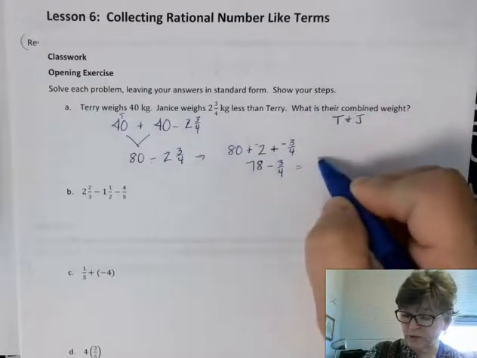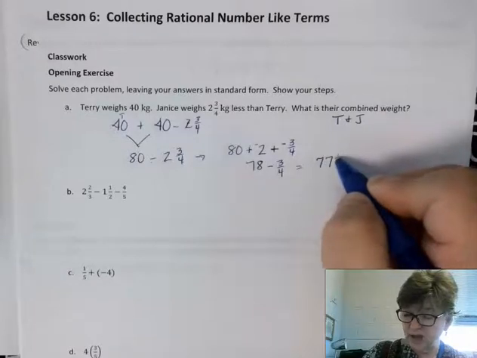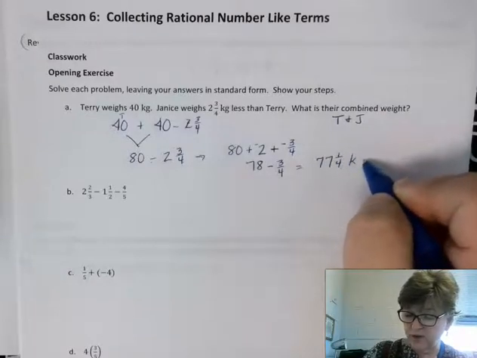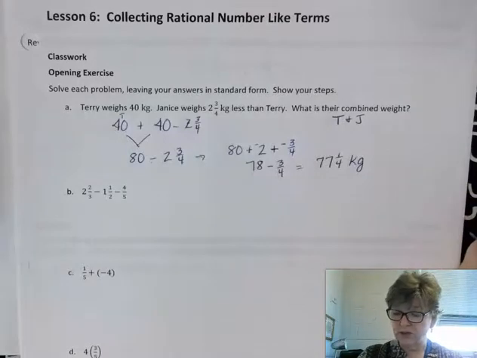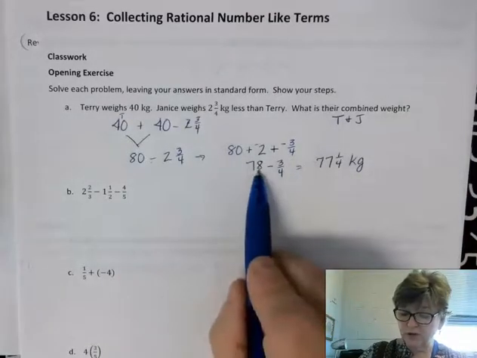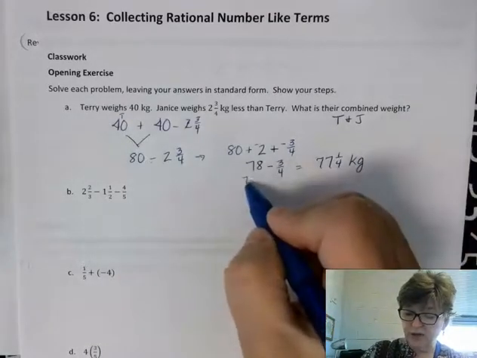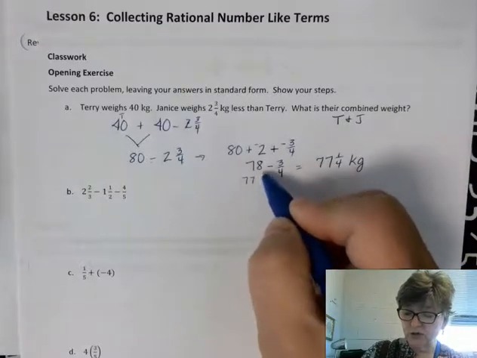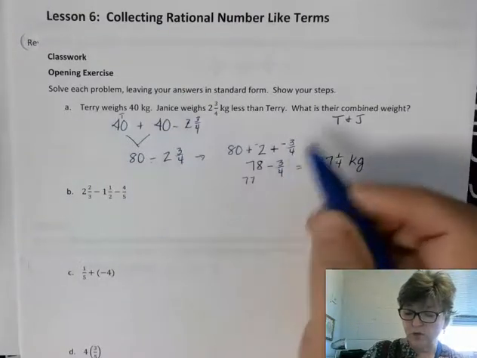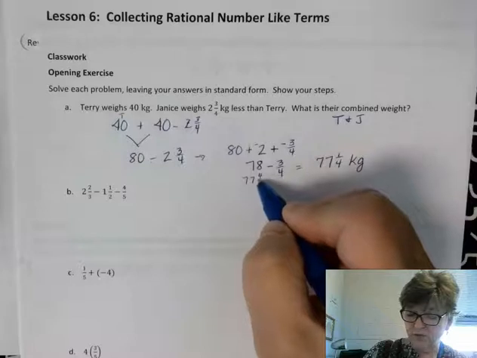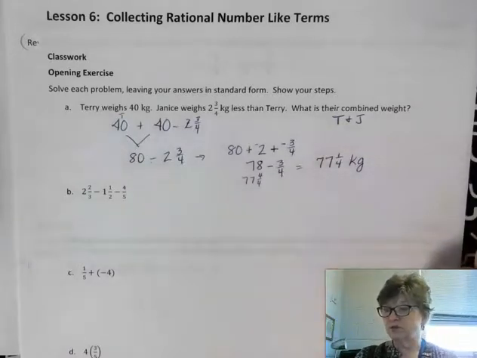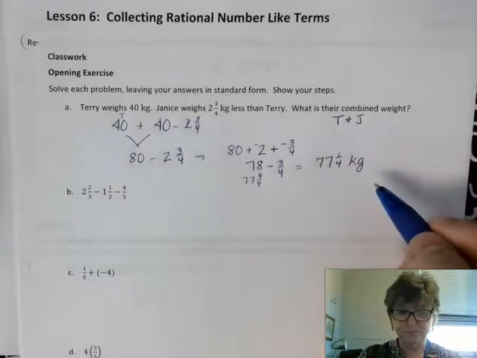So my final result is 77 1/4 kilograms is the combined weight. Now if you're confused here, I actually changed and took one away, one whole, and changed it to 4/4, so that then I was able to complete the subtraction.